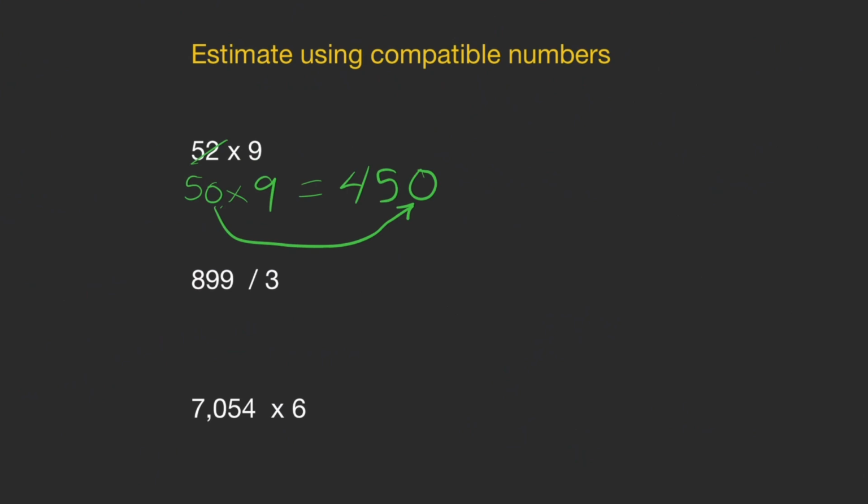All right, let's look at this one. 899 divided by 3. I'm going to rewrite this one over here because that division symbol is not often the one that you see. So I want to make sure that you understand what's happening here. 899 divided by 3. And I guess you could also see it like this. 899 and then divided by 3. All right, so all of those are the same thing. All right, so 899 divided by 3. Now let's change 899 to 900.